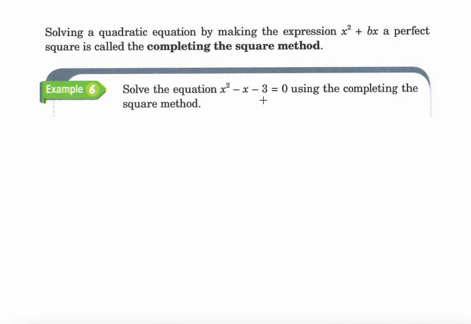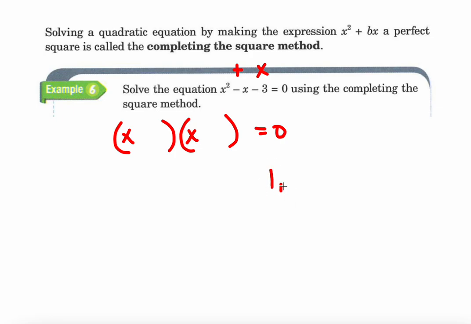All right, you're probably looking at this and thinking, there is a c value. I don't understand. What's wrong? Or why can't I just factor it, right? Well, let's try factoring it. Are there two numbers that can multiply to get to -3, but then add to get to -1?